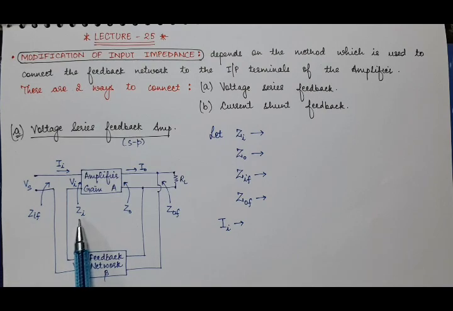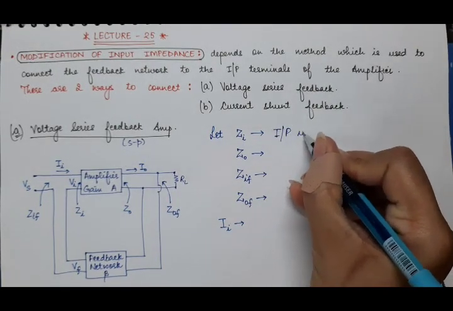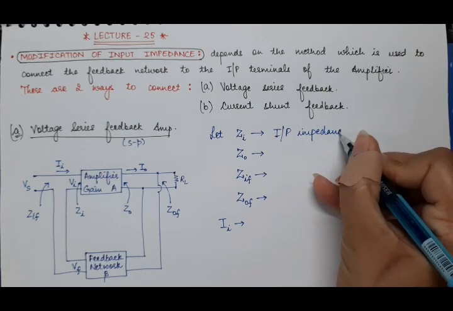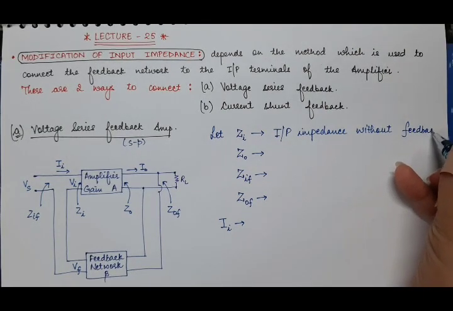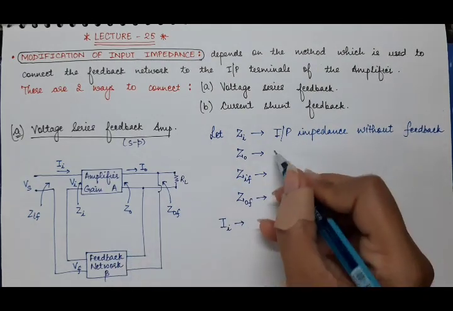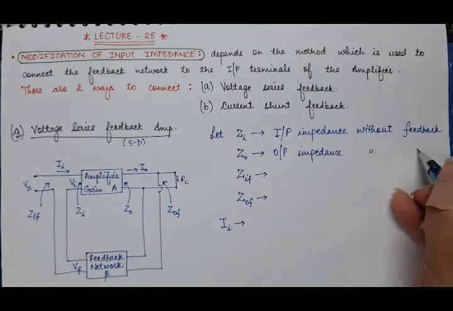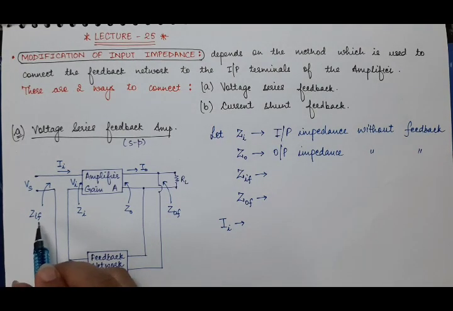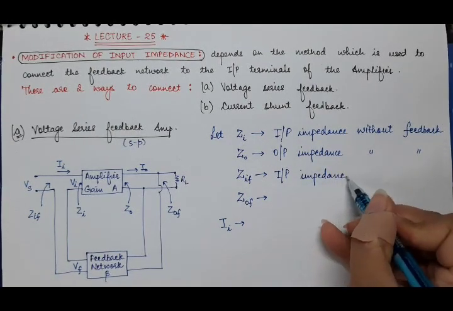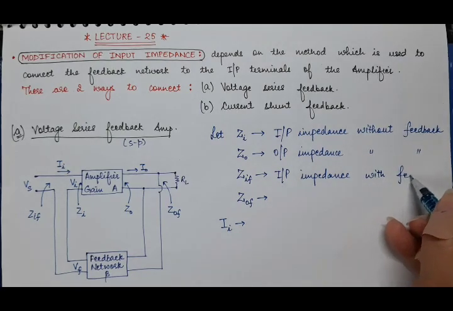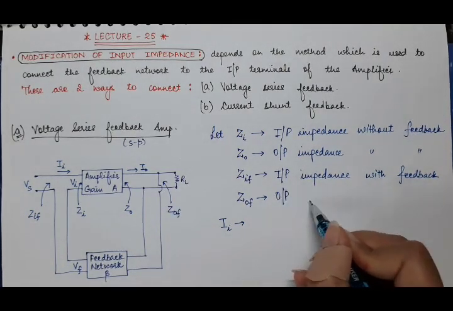Zi is the input impedance without feedback, Zo is the output impedance without feedback, Zif is the input impedance with feedback, and Zof is the output impedance with feedback.